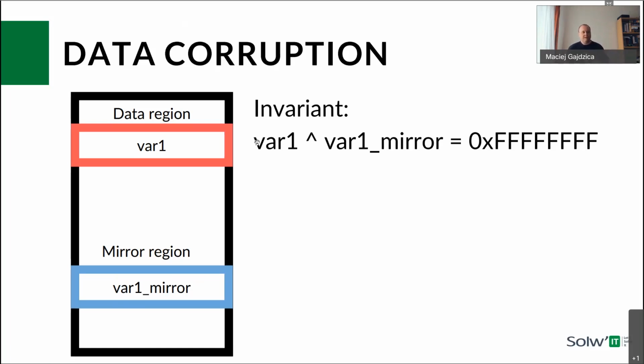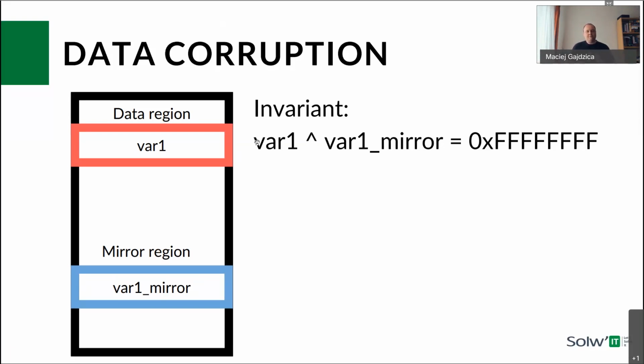In this example, we have two data regions where we store the same variable. In the first region, we are writing the normal data, and in the second region, we are writing the negation of every bit. And before any use of our variable, we must check if the XOR operation results in 1 on every bit.